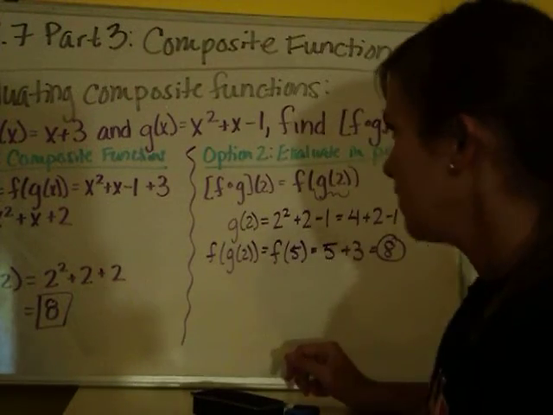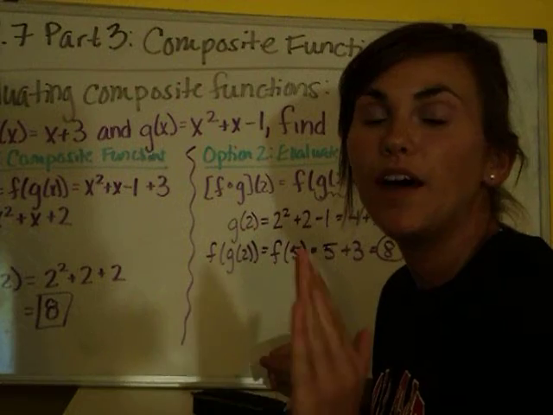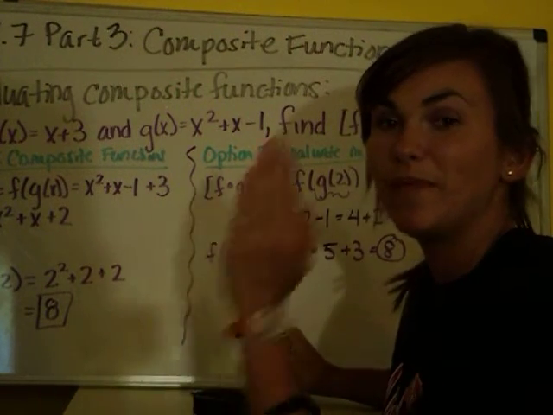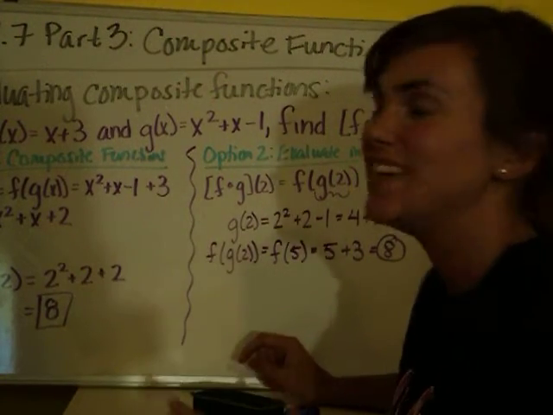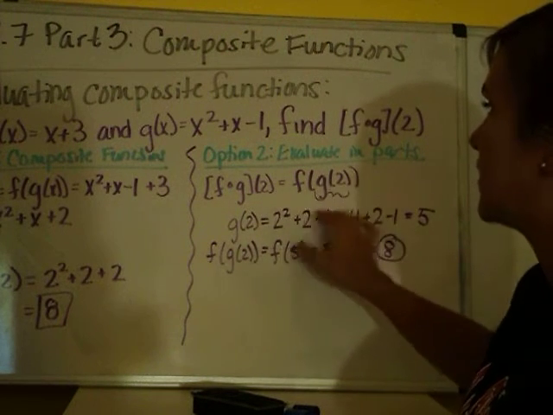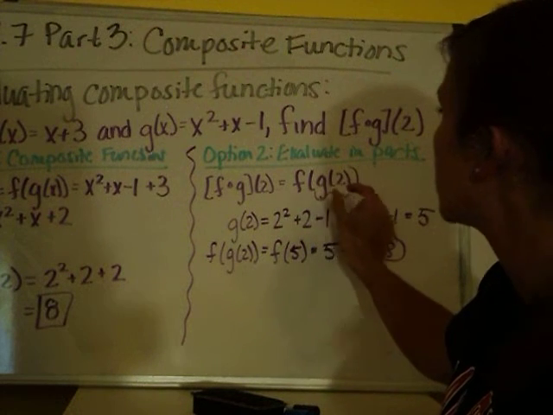If we look at this in terms of how we did yesterday, where we had our input of g and our output of g, and then the output of g became the input of f, and then we got our output of f, we can do that same process here. So we know that f of g of 2 is written like this. Going with the order of operations, we work from the inside out, parentheses first.